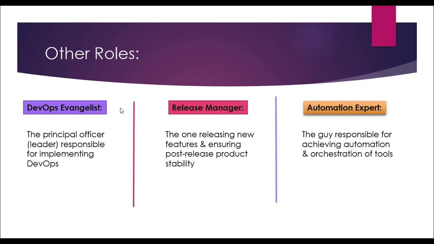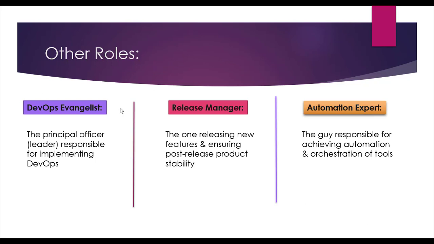Moving forward, we have some other roles like DevOps Evangelist, Release Manager, Automation Expert and Build Manager. Evangelists are principal officers, leader kind of people, who are responsible for implementing DevOps in real time. A quite experienced DevOps engineer can definitely go for such roles. A release manager is the one releasing new features and ensuring post-release products are stable. Build manager is not mentioned in my slide.